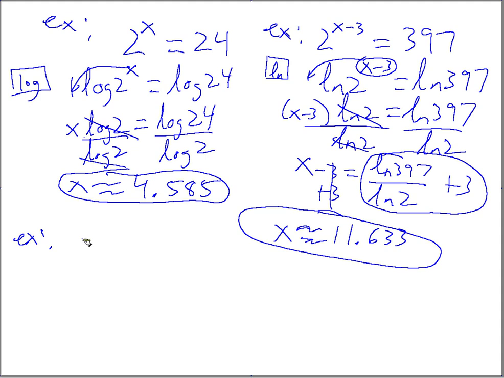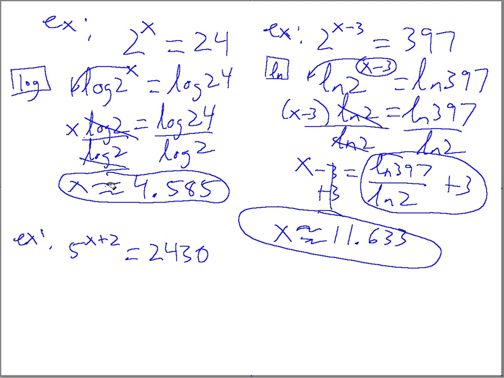How about 5 to the x plus 2 equal to, let's make it a big number here, 2430. Okay, so pretty big number.